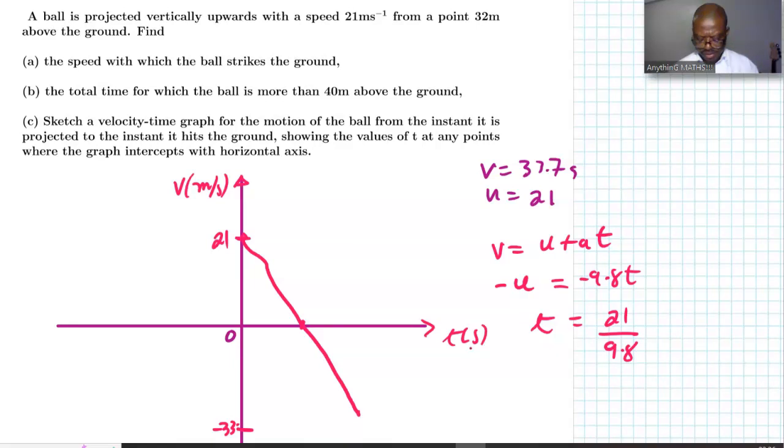Okay, so 21 divided by 9.8, you get 15 over 7. So this intersects the graph at 15 over 7 seconds here. So that is the velocity time graph for this particular motion.